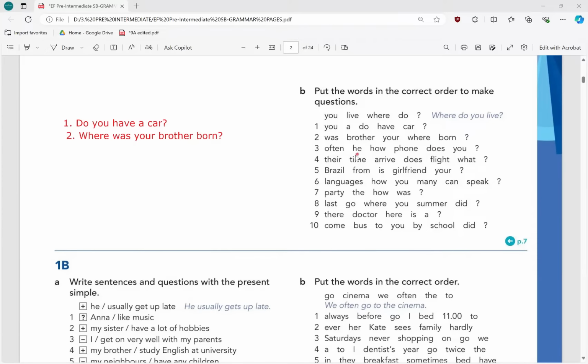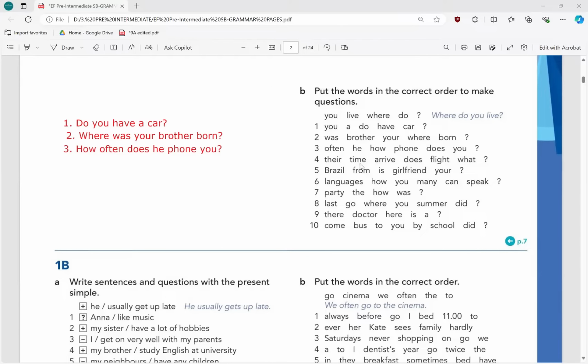Now I must use infinitive because I'm using does. So infinitive is phone here. Phone can be noun or it can be verb as well. So here it's coming as verb. So how often does he phone you? Number 3. How often does he phone you?